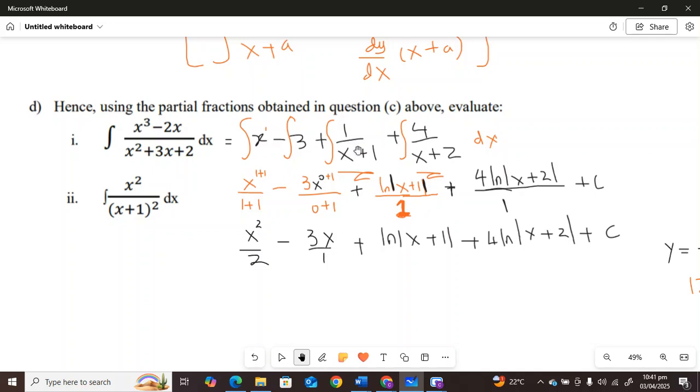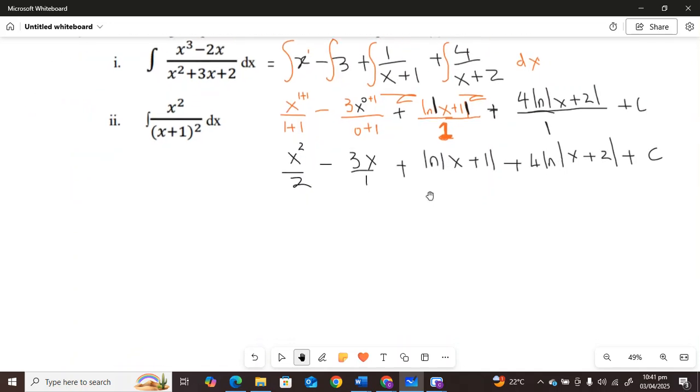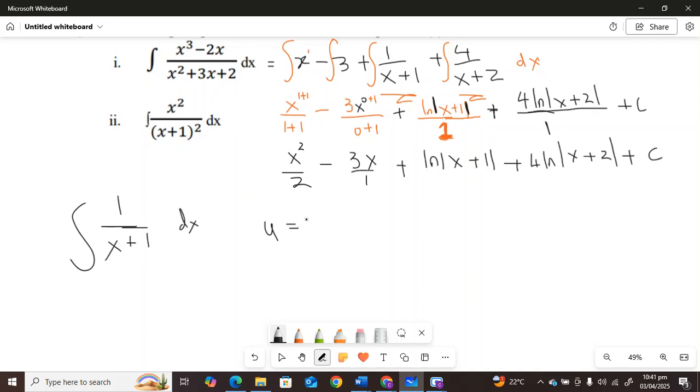Yes, because as I said, for example, madam, let's try to use U substitution for this one. Let me just show you what will happen if you use U substitution. All right, the integral of 1 over x plus 1 dx. Okay, so you say let u equal x plus 1.